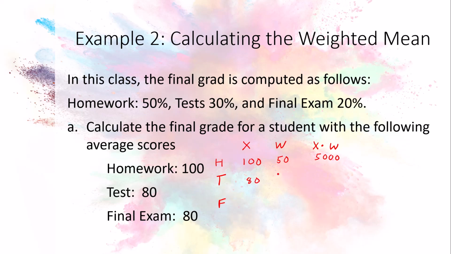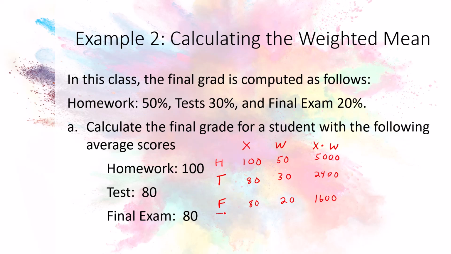The weight for that is 30. The product of those two is going to be 2,400. And then finally, for my final exam, I got an 80. It was weighted at 20%. The product of the two is going to be 1,600.